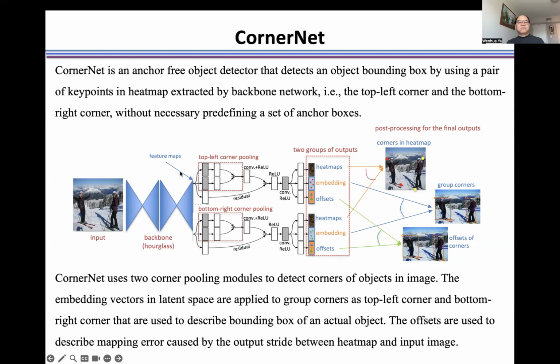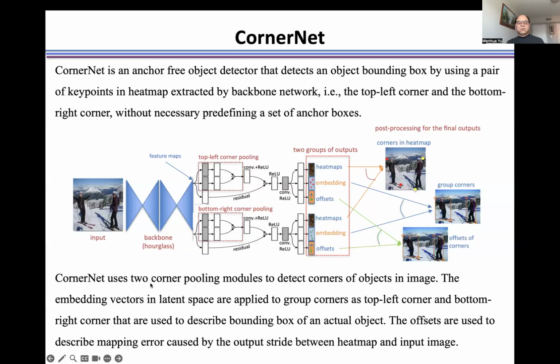Based on the feature maps extracted by using the backbone, two corner pooling modules, top left and bottom right, are used to generate two groups of output, including heat maps, embedding, and offset of the corners. And then post-processing is used to find the final output.